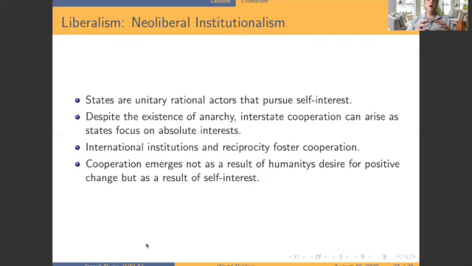In terms of absolute gains, we have gained the same. But in relative gains, I am still ahead of you because I now have $110 and you have $60. Liberalism, particularly neoliberal institutionalism, argues that states are primarily motivated by these absolute gains rather than relative gains.